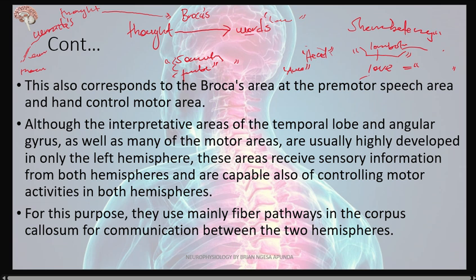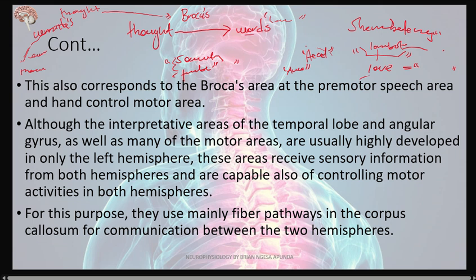So although the interpretative areas of the temporal lobes and the angular gyrus, as well as many of the motor areas, are usually highly developed in only the left hemisphere, these areas receive sensory information from both hemispheres and are capable of controlling the motor activities in both hemispheres.